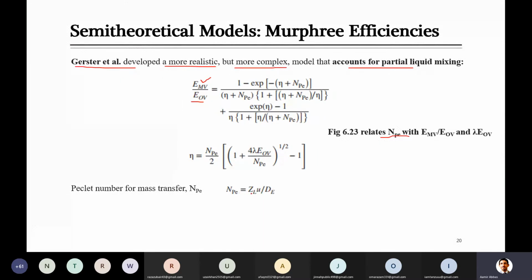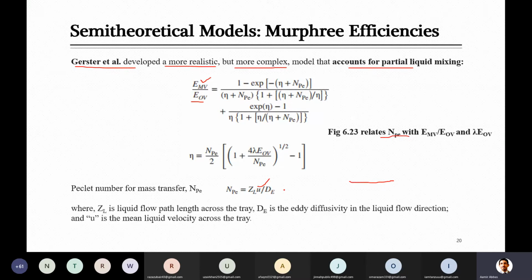ZL is the length of the flow path along the surface of the tray, and V is the velocity. So this length along the flow path times velocity gives you convective mass transfer, and then there is diffusive mass transfer, sorry, eddy diffusivity. So here Z is the liquid flow path along the tray, DE is the eddy diffusivity, and U is the mean liquid velocity across the tray.